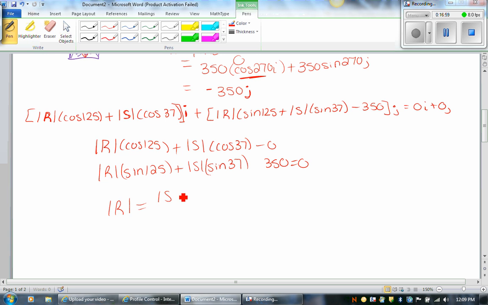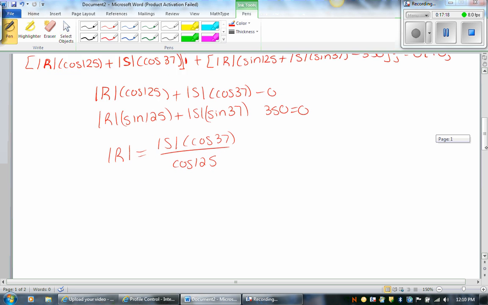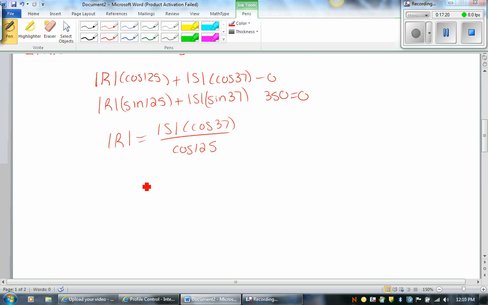So when we solve for R, substituting in this expression for the magnitude of R in that equation, what that actually looks like.